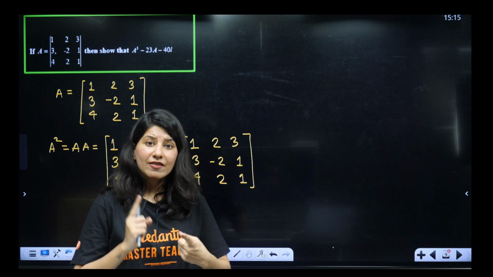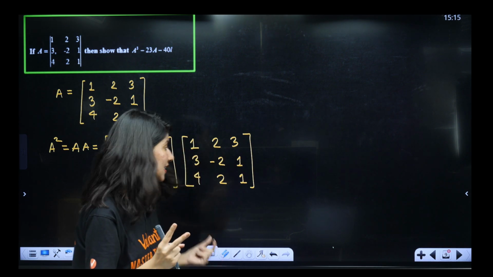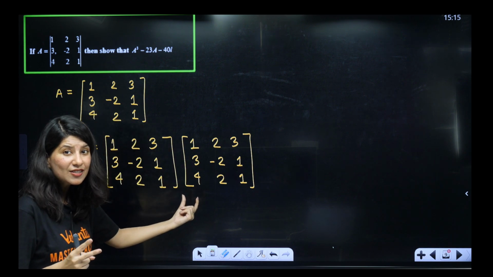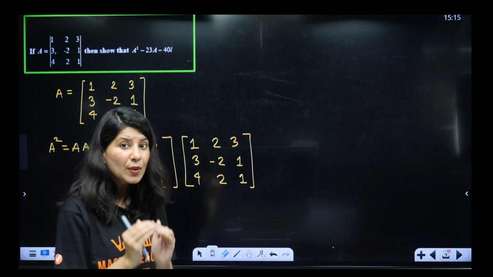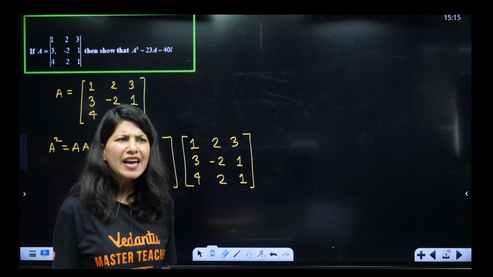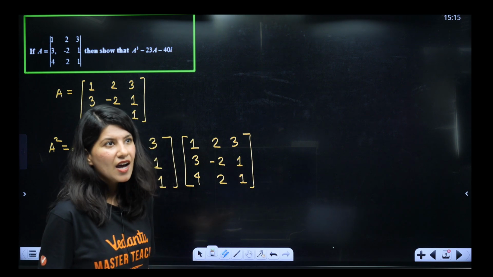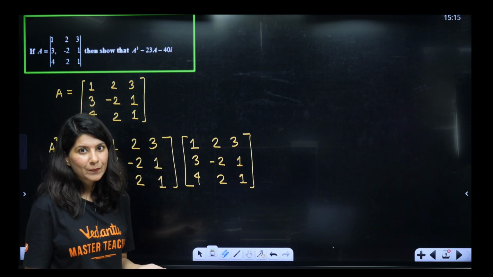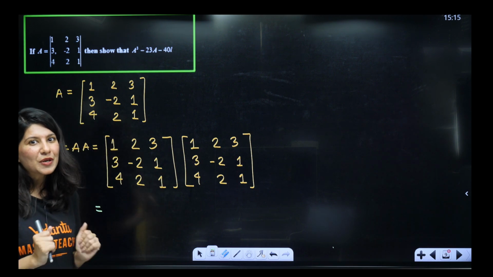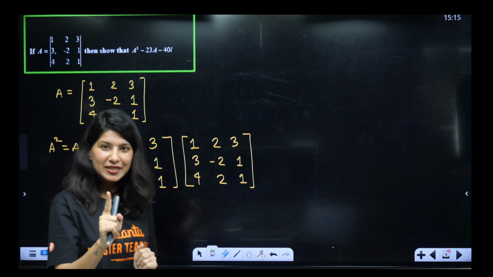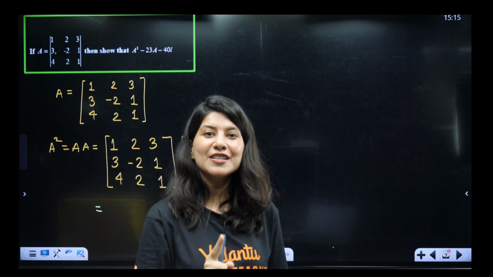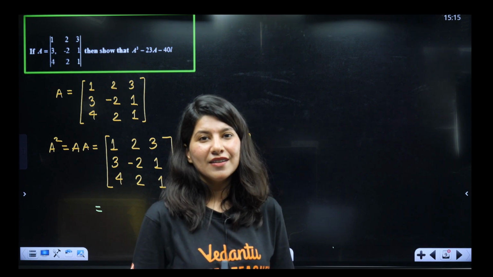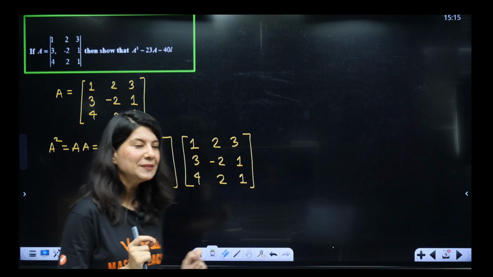So whenever you multiply two matrices, especially 3 cross 3 matrices, once you are done, always cross-check whether you have made any calculation mistake. Otherwise, you are doing your job but you are losing marks, right? That we do not want, okay? Because you are Ninja Ma'am student, so you have to score full marks in any examination, okay?